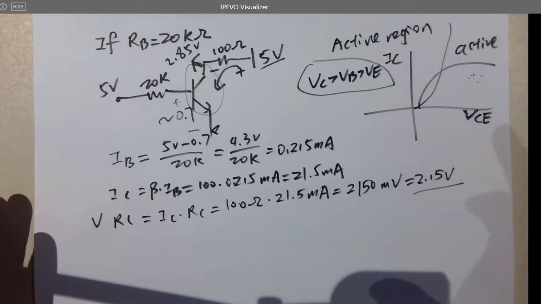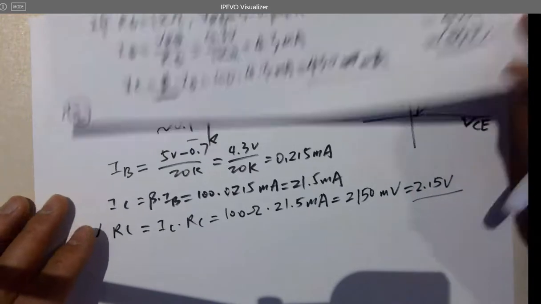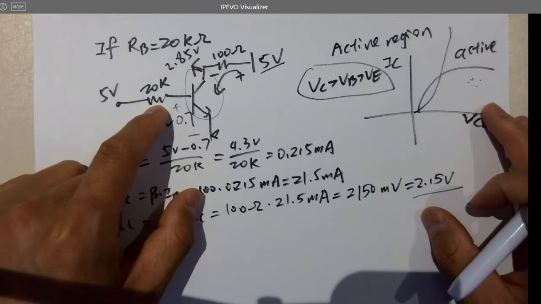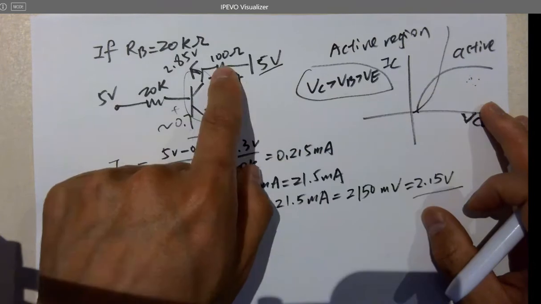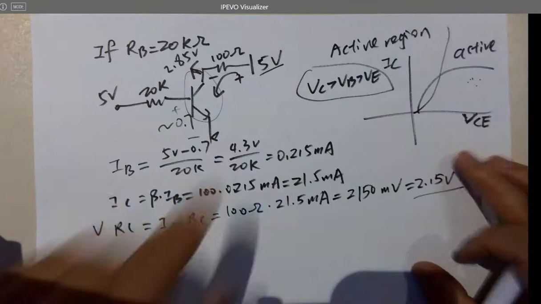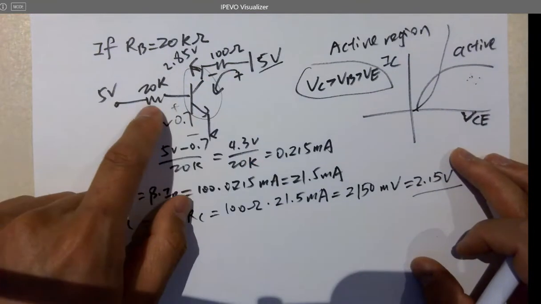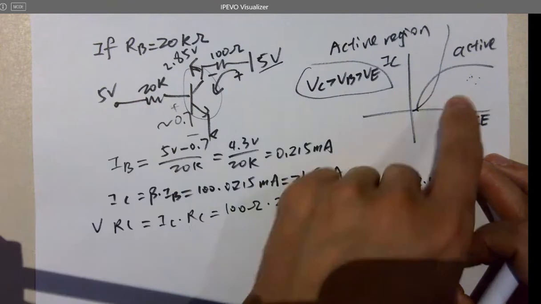which is good. Compared to the last example, you can find out that if you change the value of RB, you can change the operation mode of the BJT. RC as well, but usually RC is given. If I plug in a motor in there, it's going to be 50 ohms. You cannot change it. But if you are designing the circuit, you can change it here to get the largest gain.